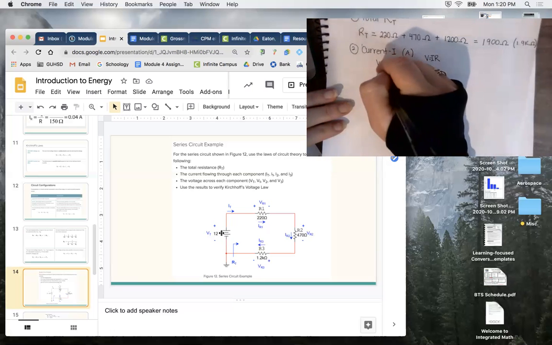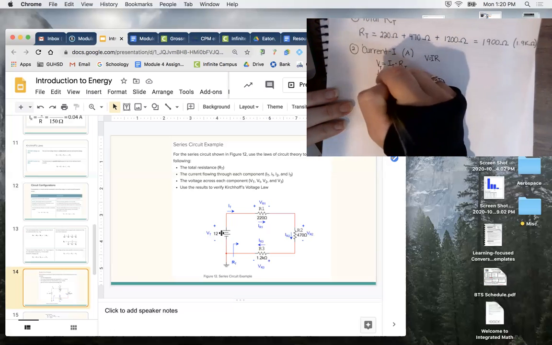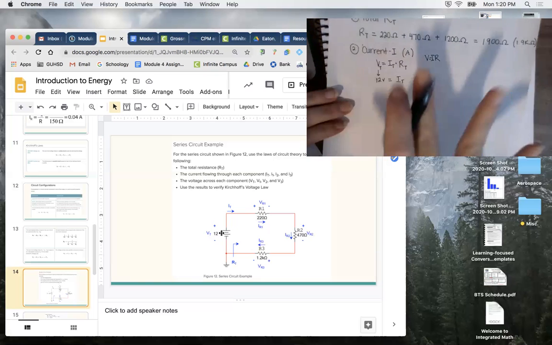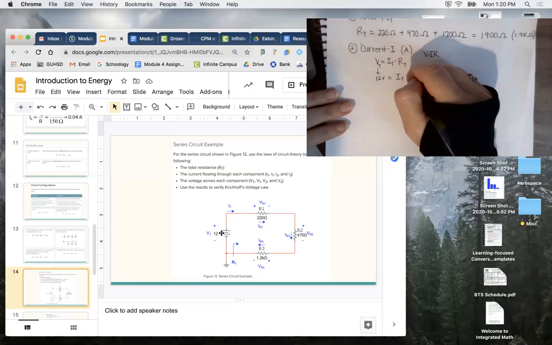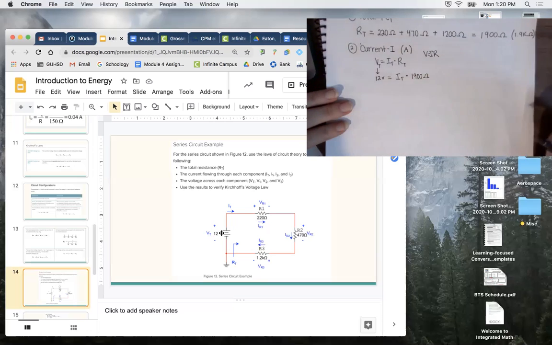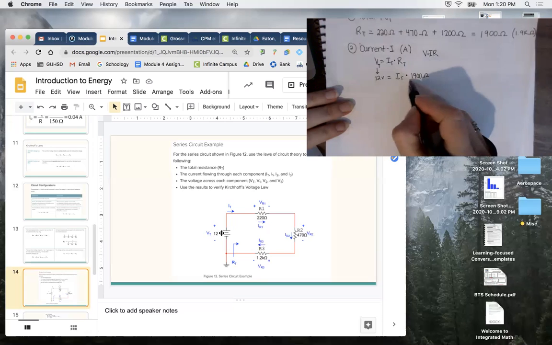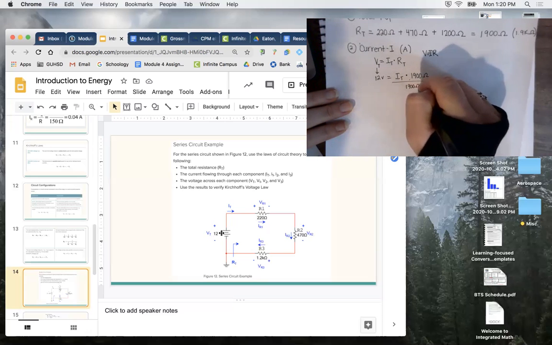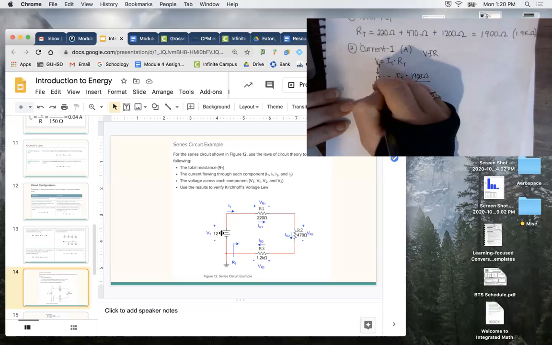So I have 12 volts is equal to, I don't know my current total, but I know that it's the same all the way through the system, times my resistance total, which I just got was 1,900 ohms. Well, if I want this, I'm going to divide by 1,900 ohms.